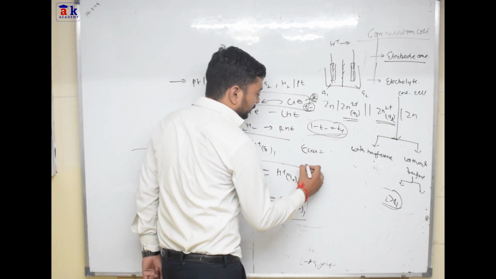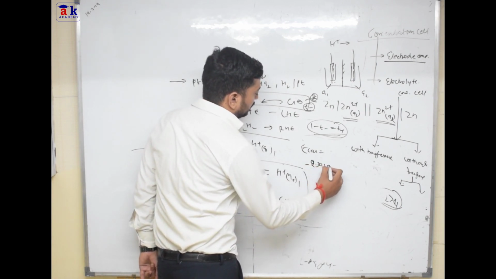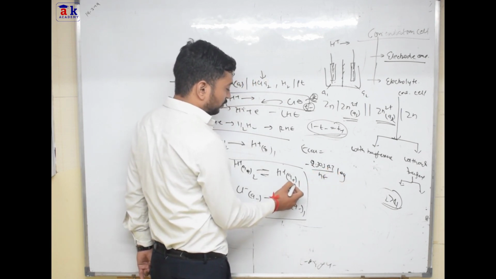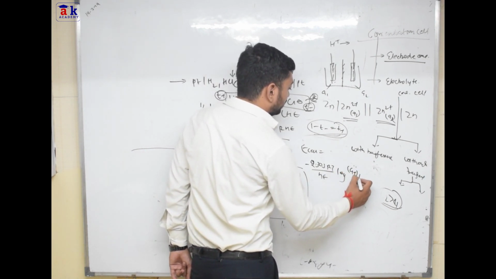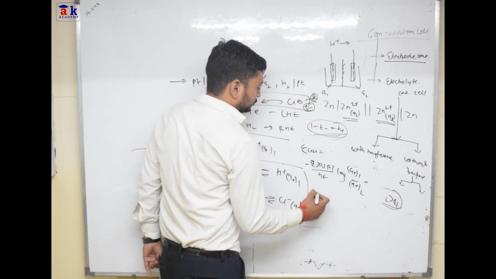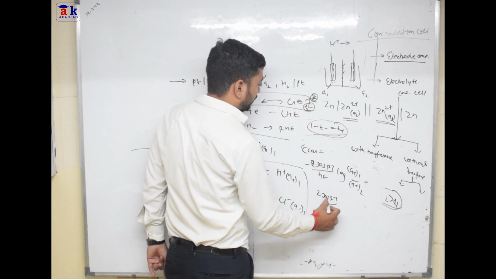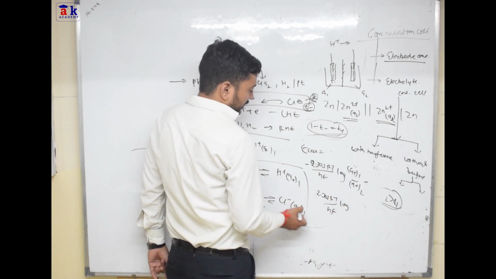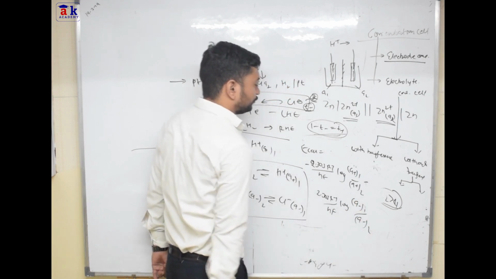If I combine both of these, this will become minus 2.303 RT upon NF log of A1 divided by A2, so A plus 1 divided by A plus 2, minus 2.303 RT upon NF log of A1 A minus 1 divided by A minus 2.